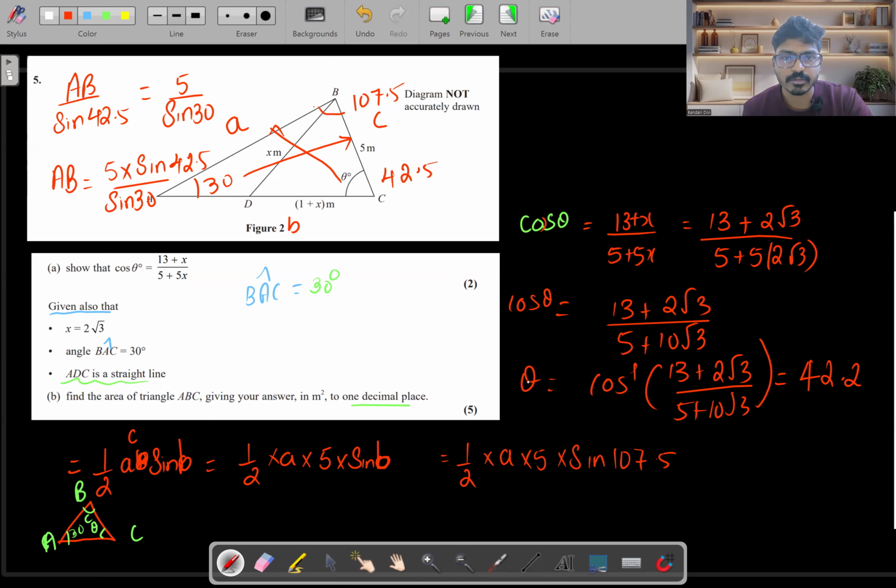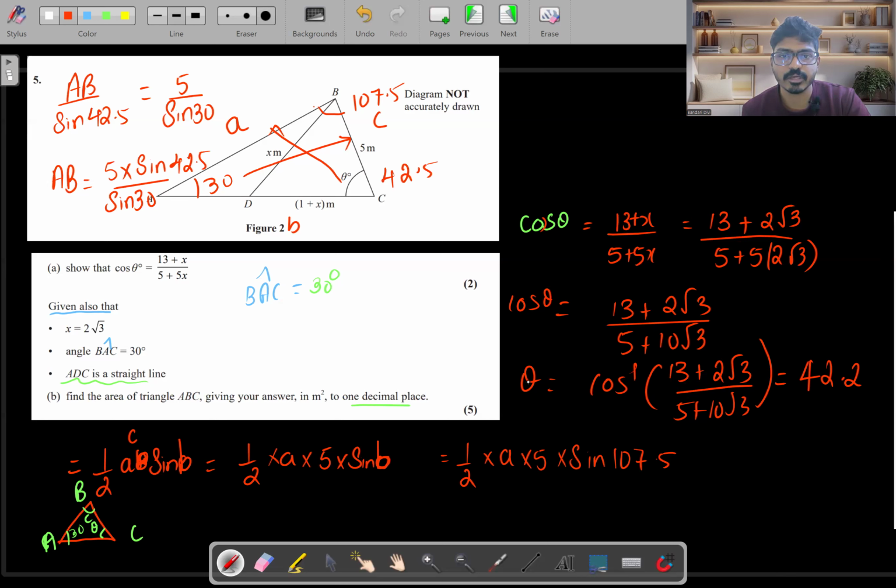Let me multiply. 5 multiplied with sine 42.5, close the bracket, divided by sine 30.